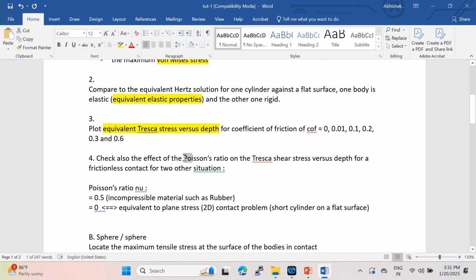Then I remind you that if the Poisson ratio is equal to 0.5, you have an incompressible material, such as rubber.